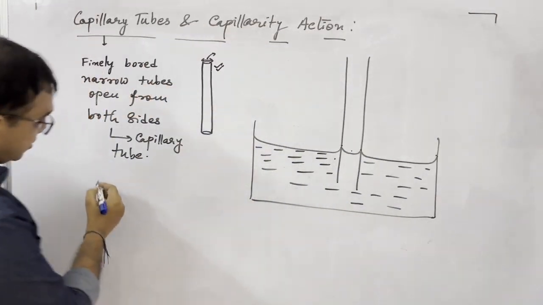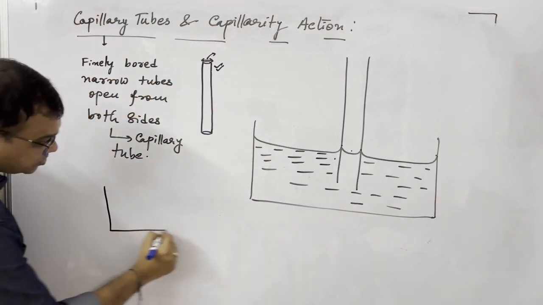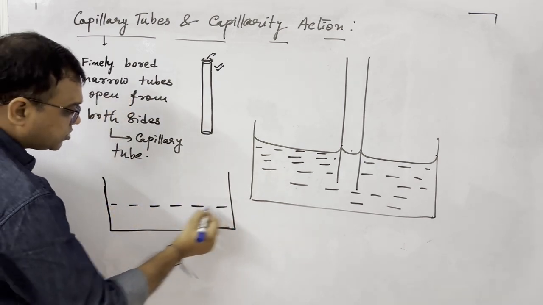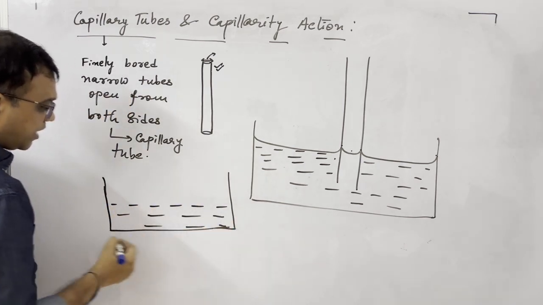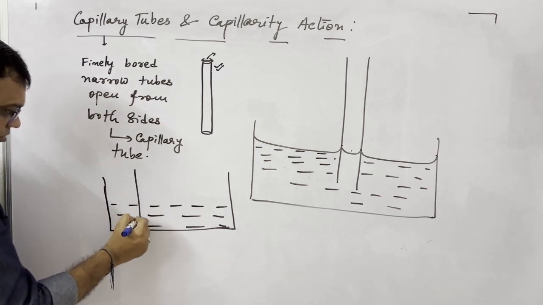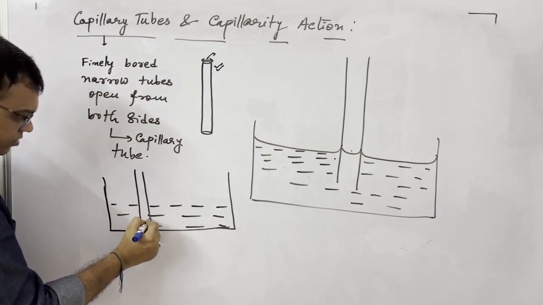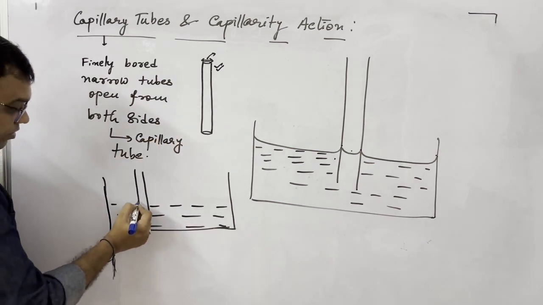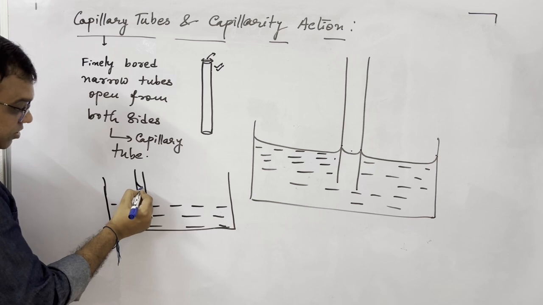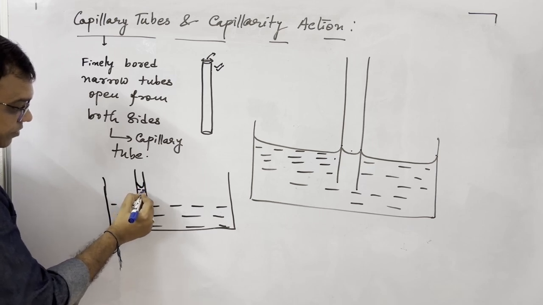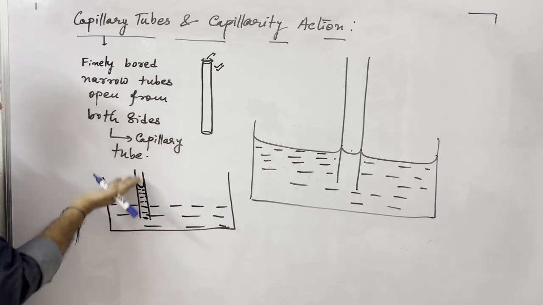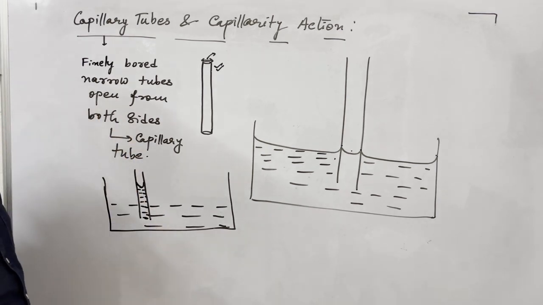Say we have a tub of water, or some liquid is in this tub, and we dip a capillary tube in it, then the liquid will rise up to here, above the level of water. So the liquid is rising in the capillary tube.